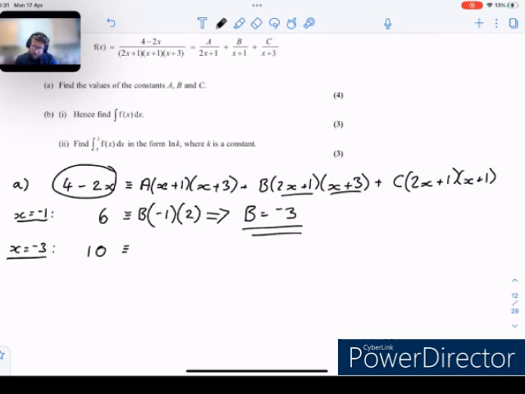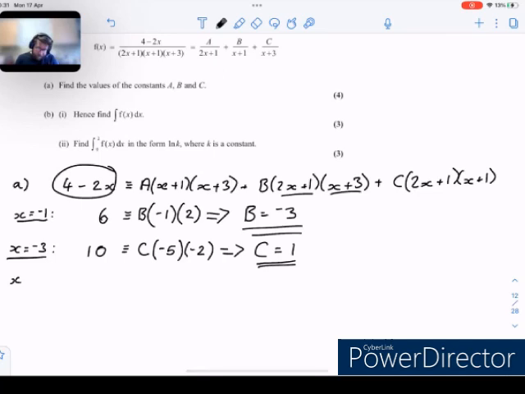And the A and the B cancel out, and we're just left with C. So if x is minus 3, 2x plus 1 will be minus 5, and minus 3 plus 1 is minus 2. So that means 10C equals 10. So C equals 1.